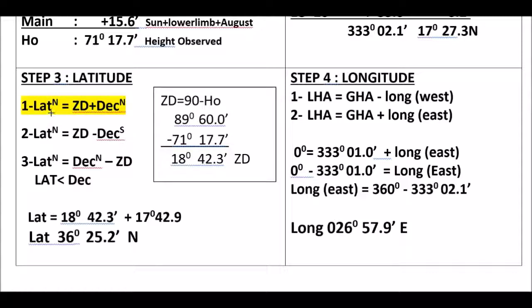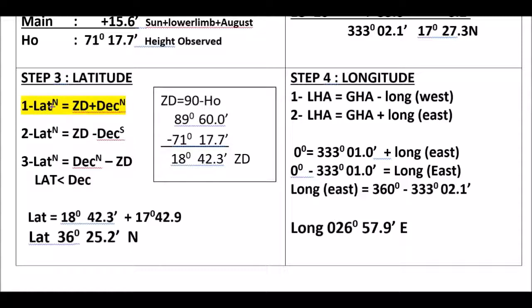The first one, latitude equals zenith distance plus declination. Latitude equals zenith distance minus declination. Latitude equals declination minus zenith distance. Which one do we have to choose?